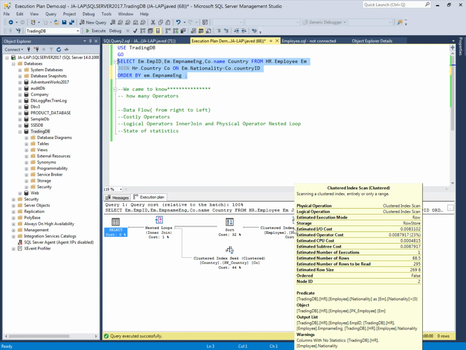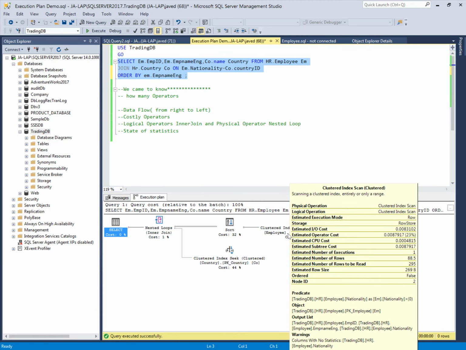It also gives us the row size, meaning the size of the row in bytes. A row is a collection of columns, and this is its total size. Here it shows a size of 269 bytes. And ordered means whether the result this operator will generate is ordered or not. So this is the information we can get by examining this operator.